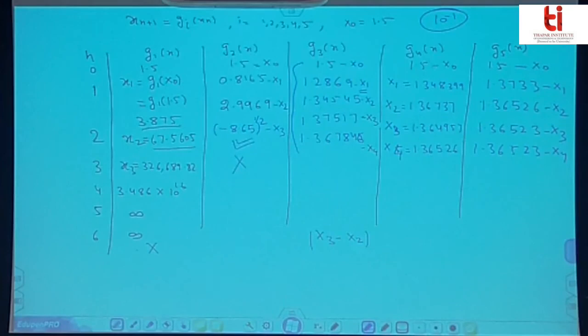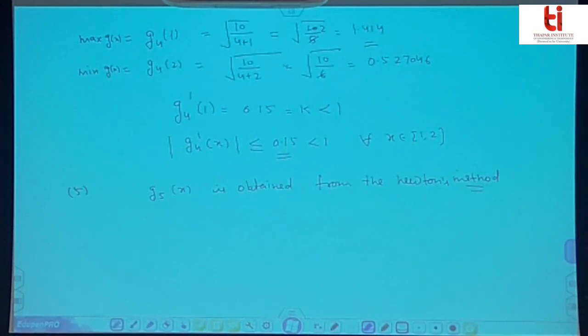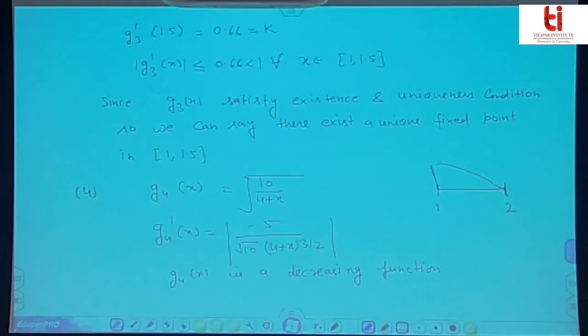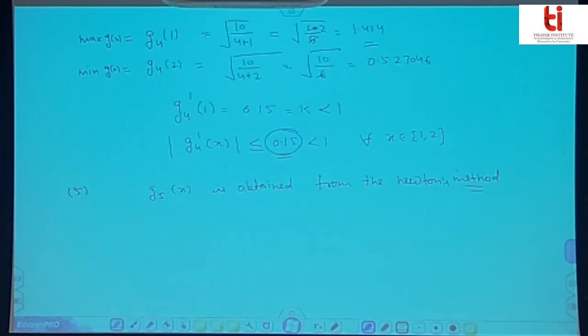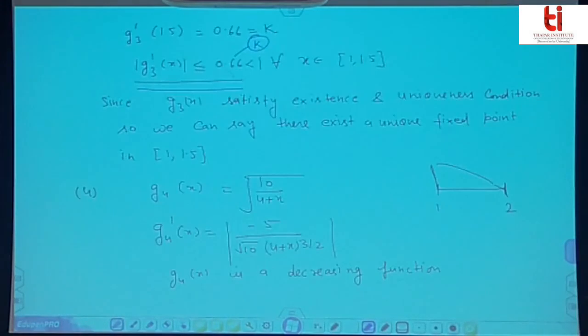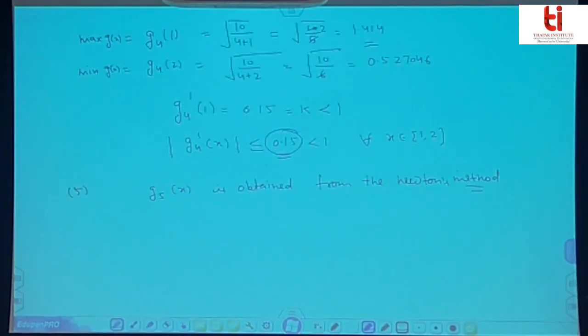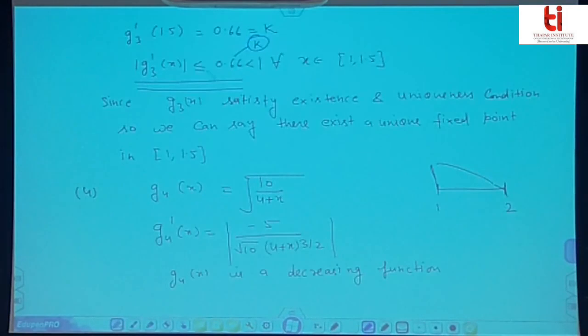If you compare g4(x), you get the same result in the second iteration. And for the g5 function, even in the second iteration. So why is it happening? It is due to the value of k. In g3(x) the value of k is 0.66. In g4(x) the value of k is 0.15. The value of k in g4 is comparatively less than the value of k in g3.